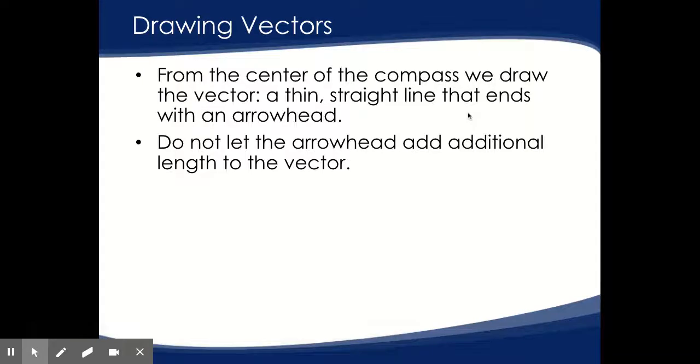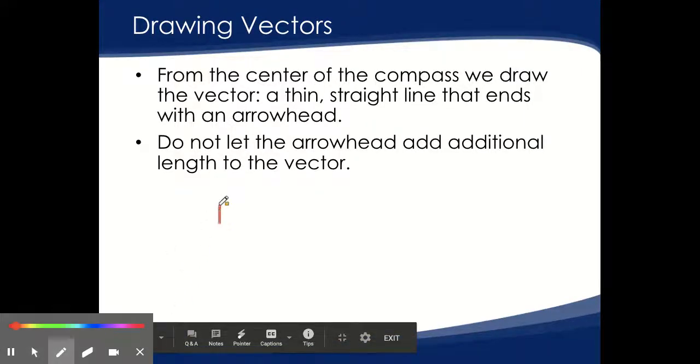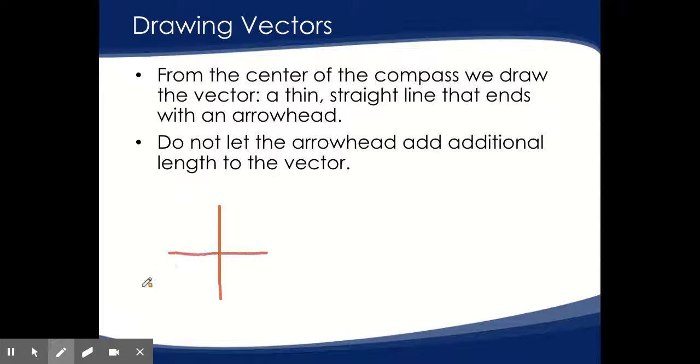Okay, so once you measure your angle and you know where you want your line to go, you start at the center. Let's see, if I just draw one on here. So if I have my coordinate lines here, you're going to start at the center. So if I say it's 45 degrees south of east, I know that I want that angle to be in this direction, but then I'm also going to have some kind of distance quantity associated with that.